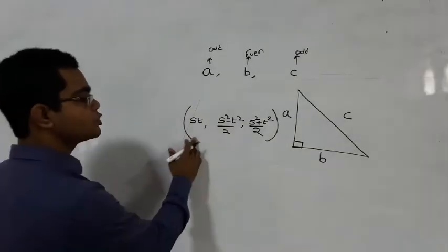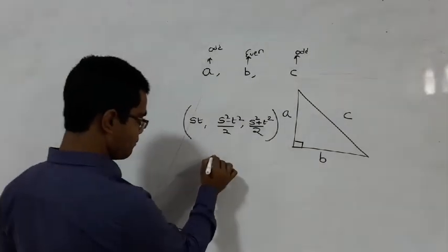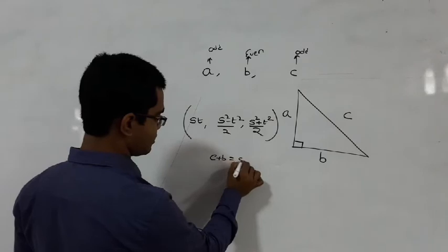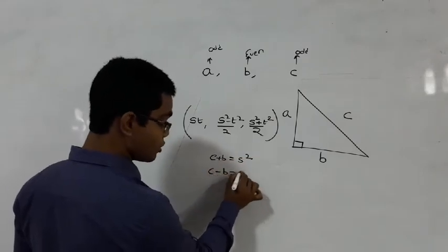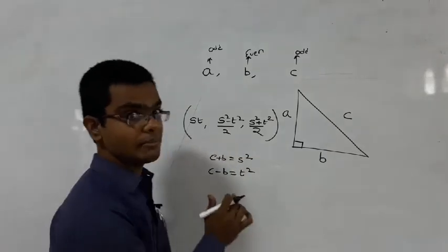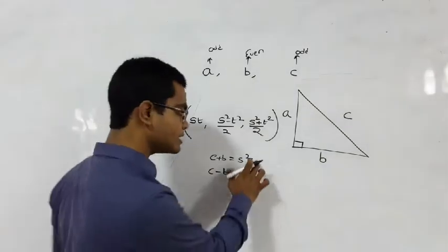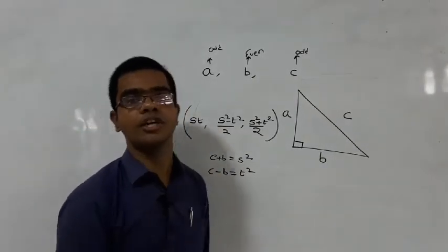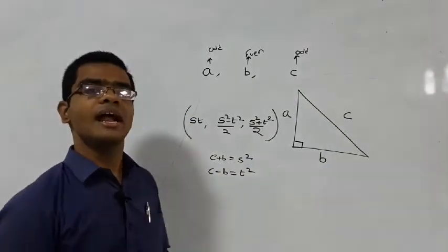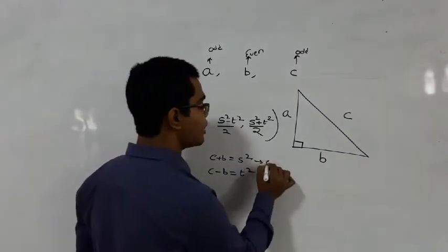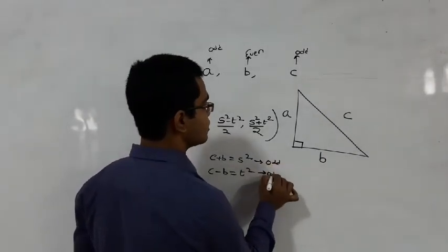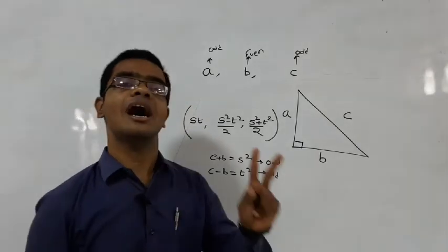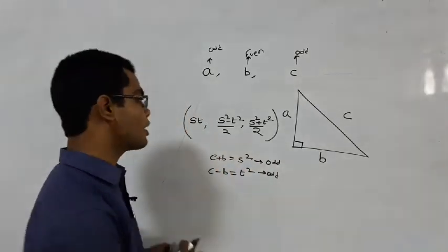And what should be S and T? Good. We got before C plus B is equal to S square, C minus B is equal to T square. We know that C plus B and C minus B are relatively prime to each other. That means S square and T square should be relatively prime to each other, and they should be odd numbers. So S and T are relatively prime to each other and also odd numbers.